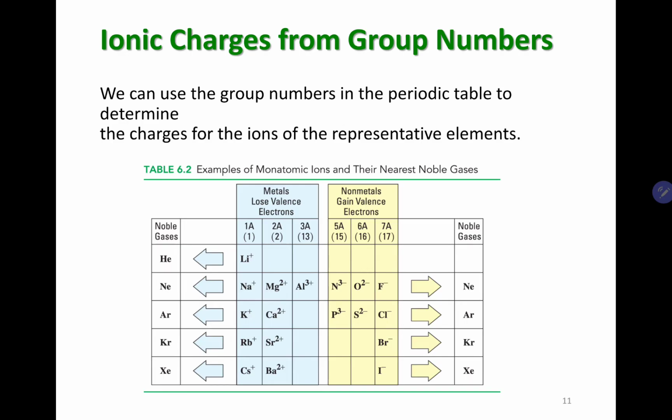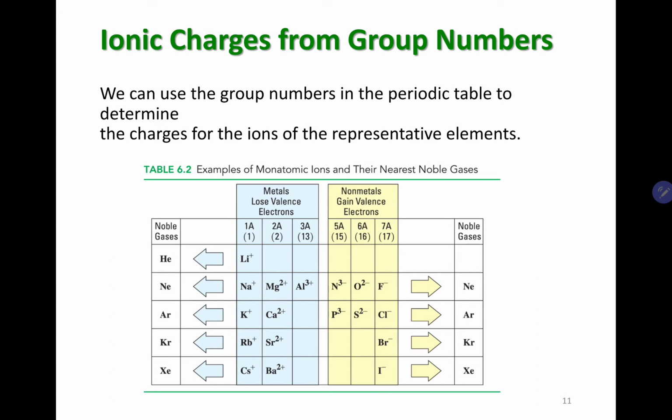And this slide lists all the common metal cations and non-metal anions, and it shows you the noble gas configuration each of these anions or cations will reach by losing or gaining electrons.